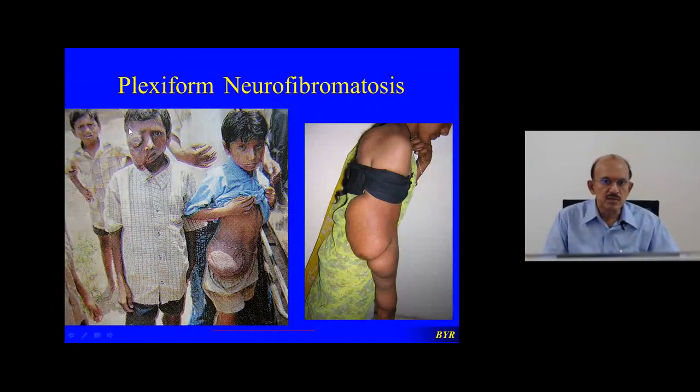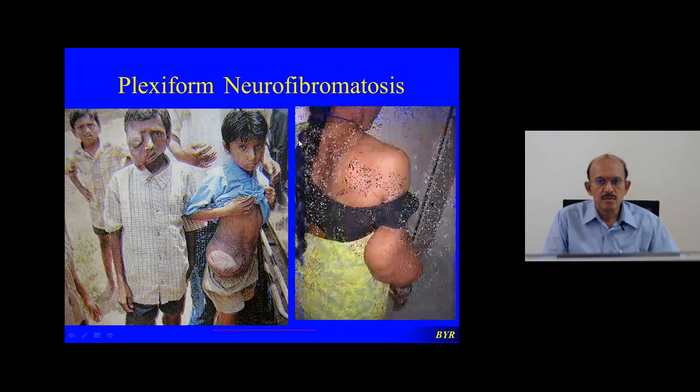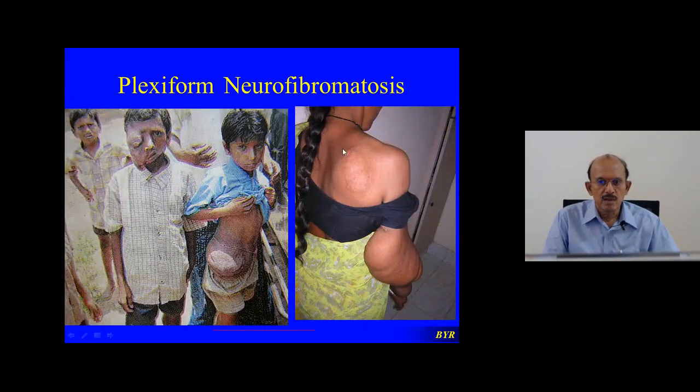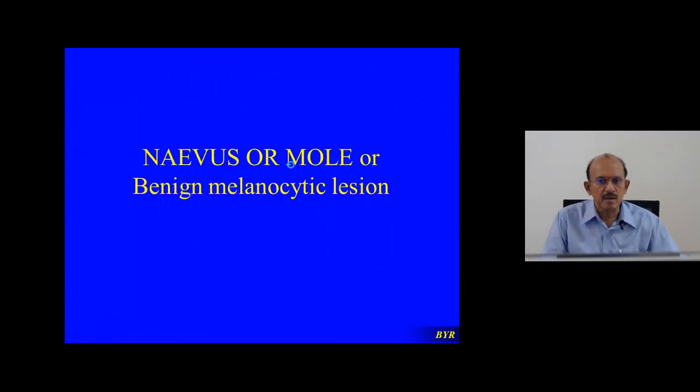So you can see here plexiform neurofibromatosis. This is again another plexiform neurofibromatosis. You can see one more mass here. Then there is one more mass here. So the skin also is very much thickened here. So that is about plexiform neurofibromatosis.